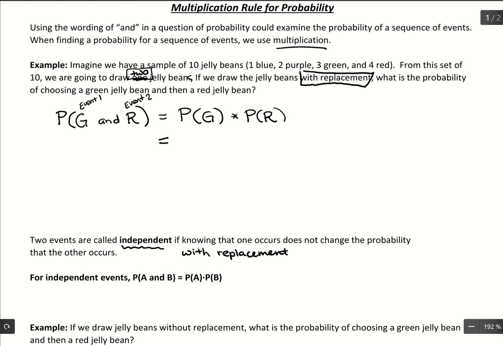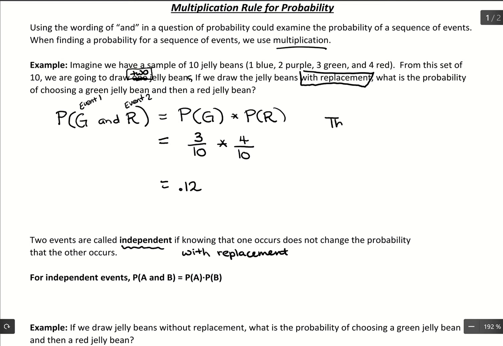So the probability of drawing a green jelly bean is 3 out of 10. And then because we're drawing with replacement, the probability of choosing a red jelly bean stays the same, 4 out of 10. It doesn't change because we put that green one back and we have that same distribution. And this is going to be 0.12.